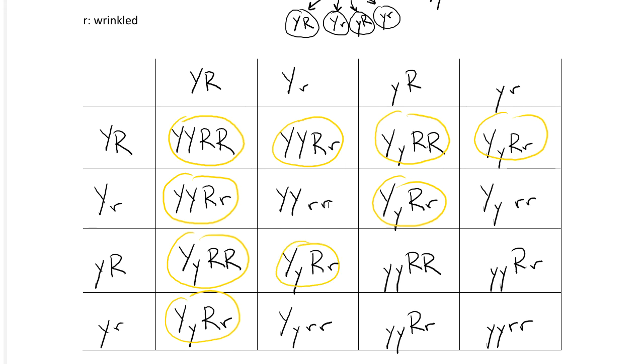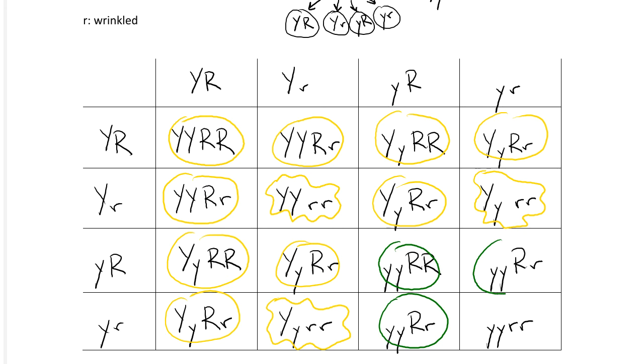Now if we look for the yellow wrinkled, so capital Y but homozygous for the lowercase r, those are here. So these are going to be our yellow and wrinkled. If we look for green and round, this is our green and round here. These three. And green and wrinkled is just this one here in the corner.